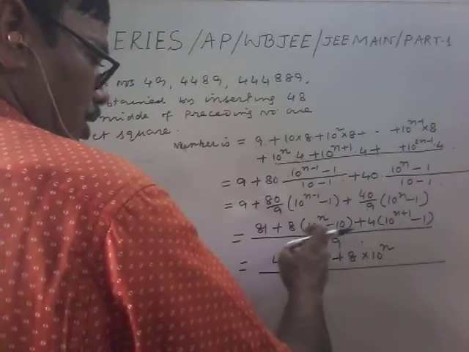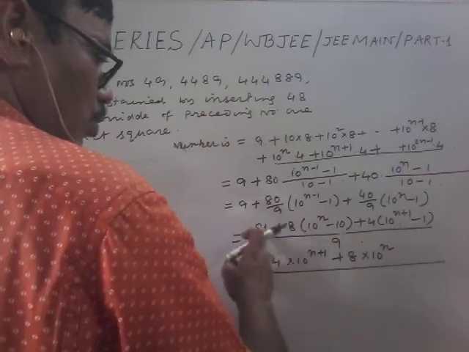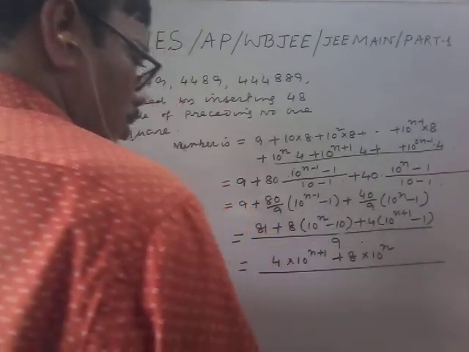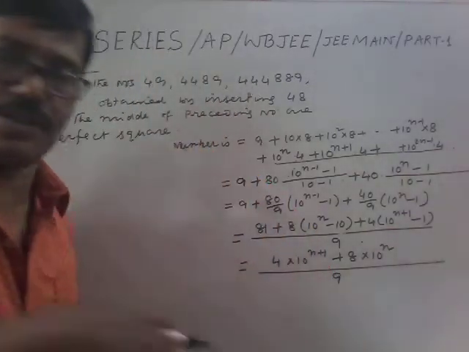So 80, so 1, we are getting this as 80, so 1 minus 4. So calculate and simplify.